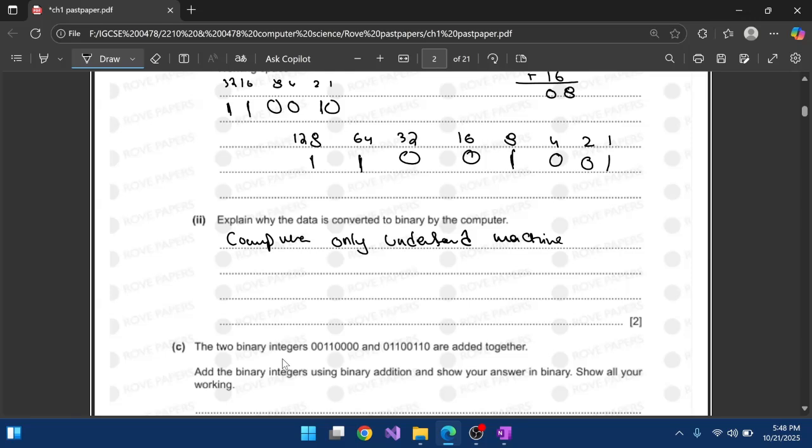The binary data is also used to store data inside memory.